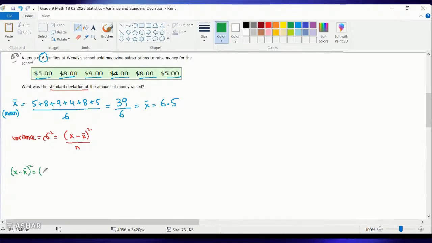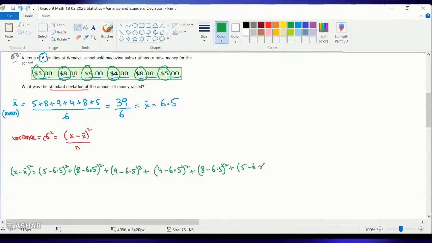That is 5 minus 6.5 squared plus 8 minus 6.5 squared. Each number minus the mean. 9 minus 6.5 squared, then 4 minus 6.5 squared, then 8 minus 6.5 squared, and the last we have 5 minus 6.5 squared.